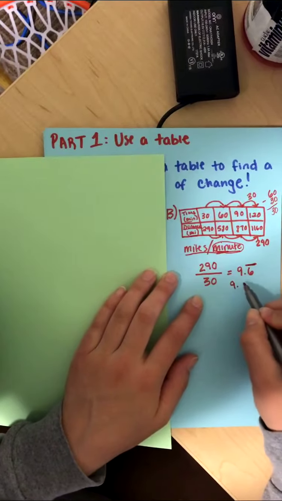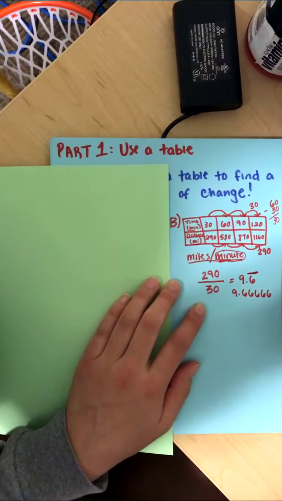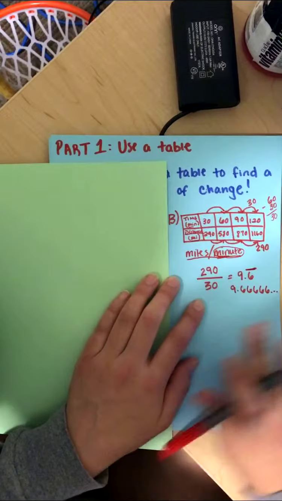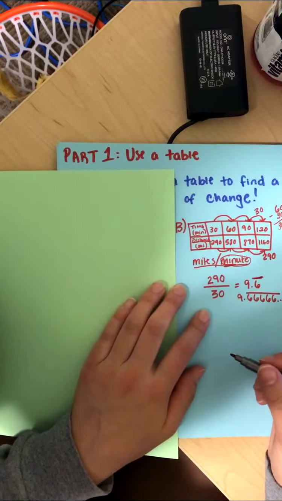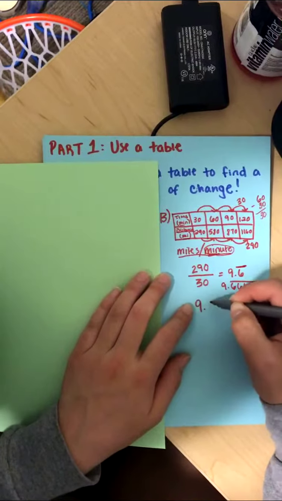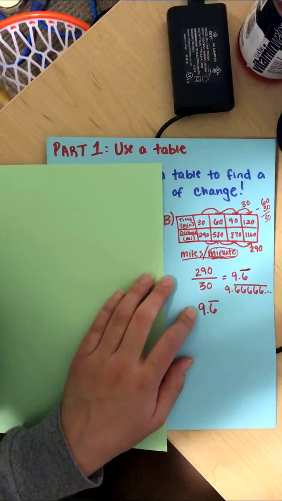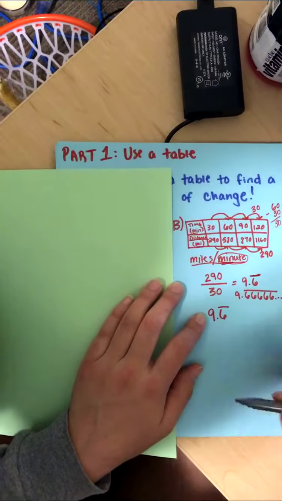So if you see it in your calculator, it'll look like this. And then however many it goes, it'll have a dot, dot, dot, because it continues on forever, as you can see.